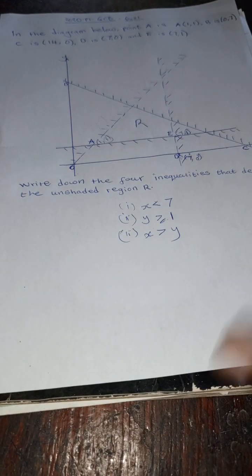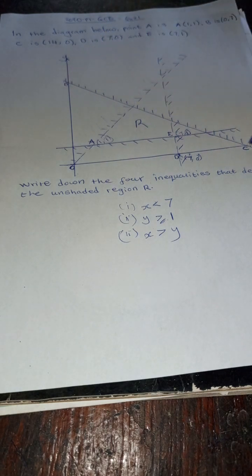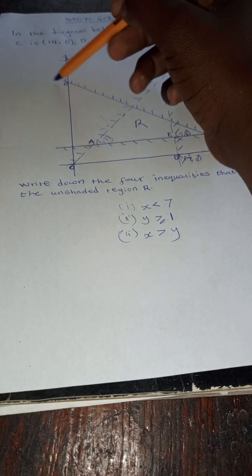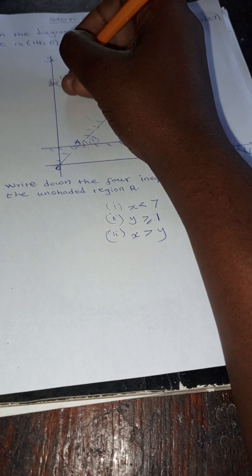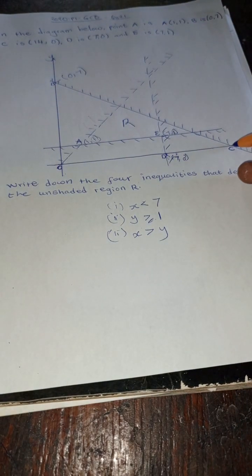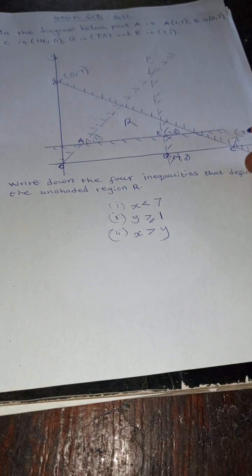Then the last one, the final one. For this one, you use the coordinates for B and C. The coordinates for B are (0,7), and for C are (14,0).